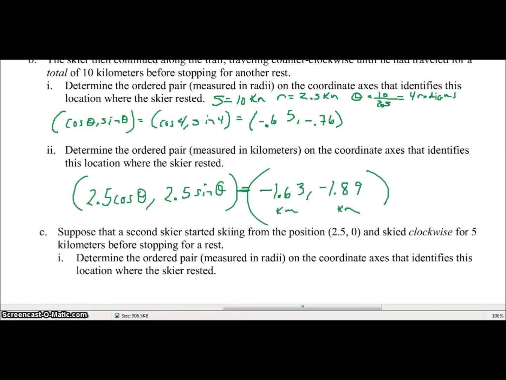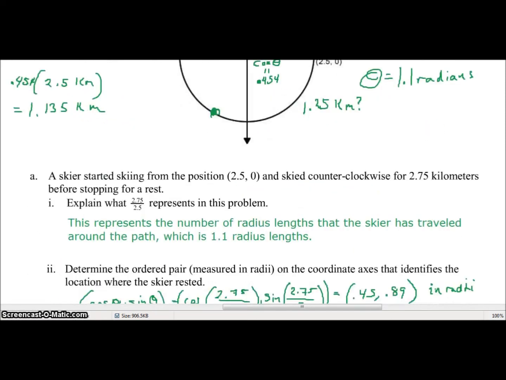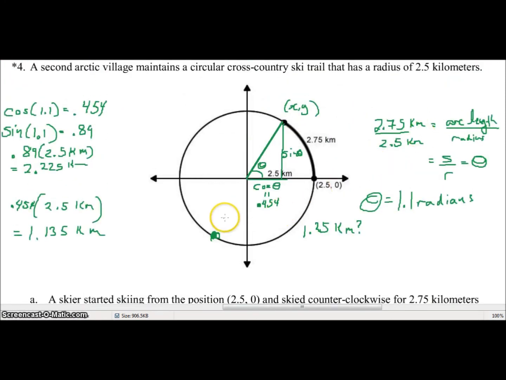So this point up here is 1.63 kilometers, let's see, horizontally from this vertical diameter, and then it is about 1.892 kilometers vertically down from the horizontal diameter.